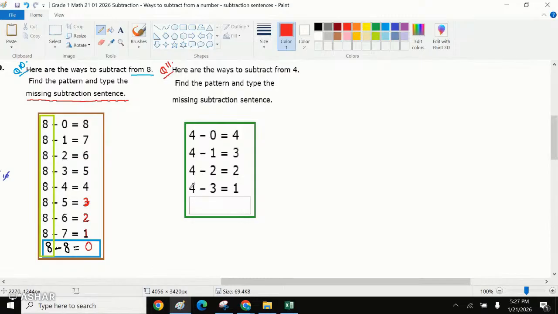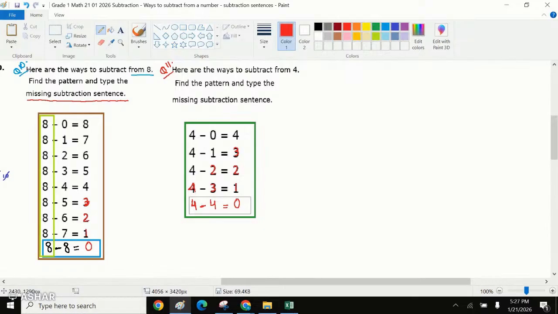So we can say 4 minus, this was 2, 3, then it should be 4, equals to, if this was 3, 2, 1, after 1 we have just a 0, right?